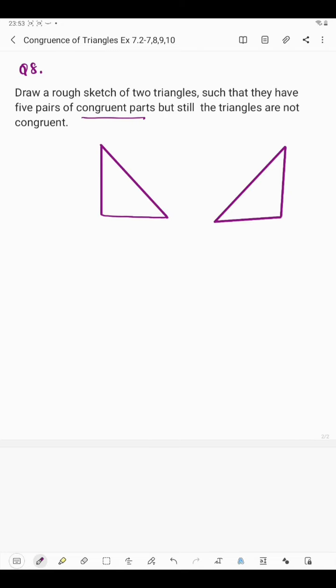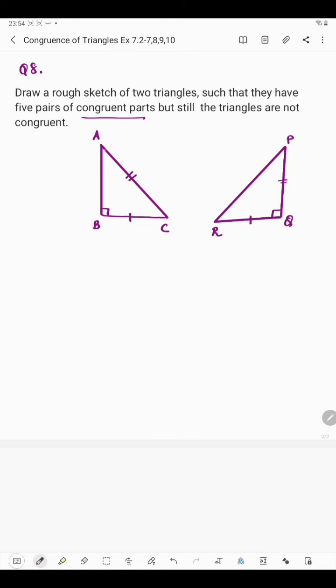Now here we have drawn a rough sketch of two triangles. This is triangle ABC and this is triangle PQR. Here angle B is 90 degrees and angle Q is 90 degrees, and BC side and RQ side is equal, and AC side and PQ side is equal.